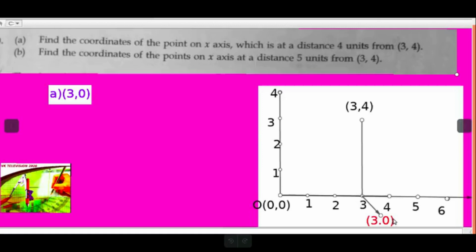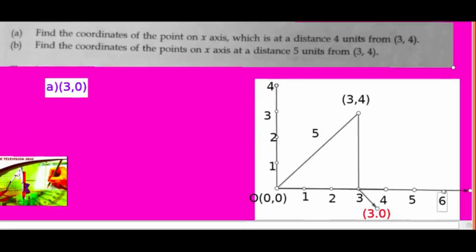Second question, find the coordinates of the points on x-axis at a distance 5 units from (3, 4). Now this length is 3, this is 4. So the distance between this point and origin is root of 3 square plus 4 square, that is root of 9 plus 16, which is root 25, equal to 5.